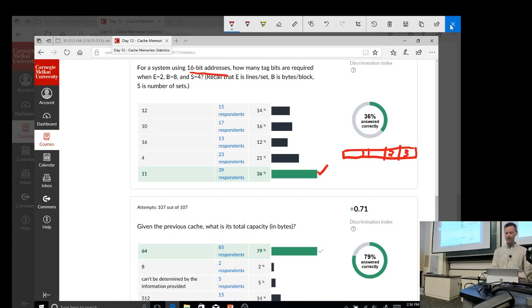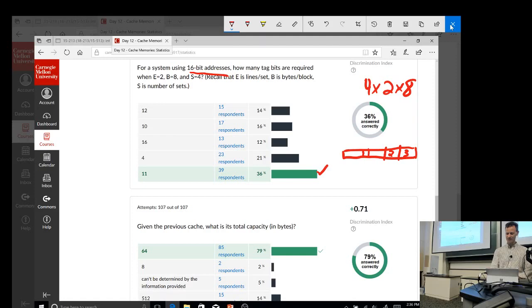All right, and what is the total capacity? The total capacity is just the product of these things. So if you have 4 sets, and each set has 2 lines in it, and each line is 8 bytes.